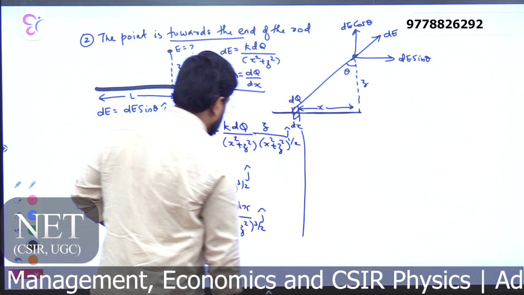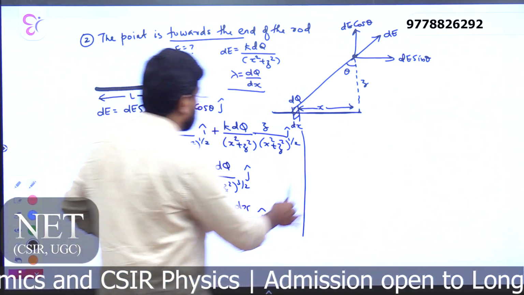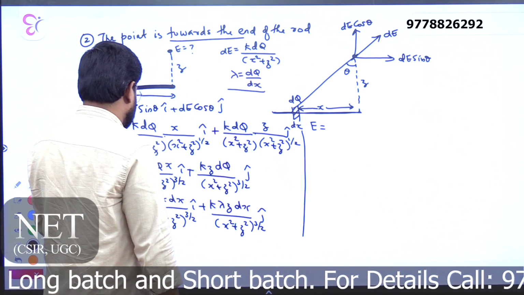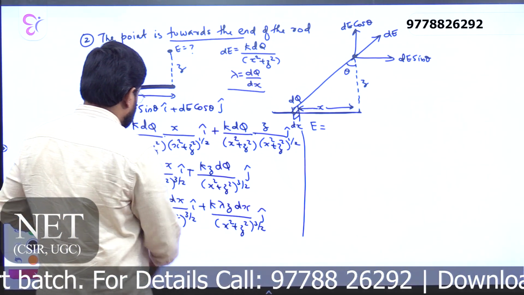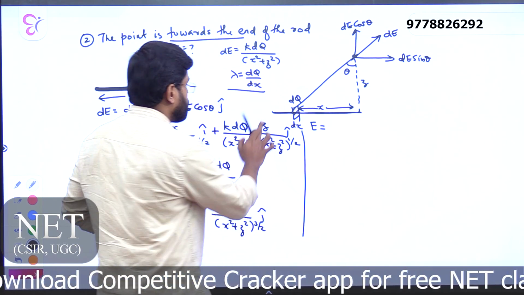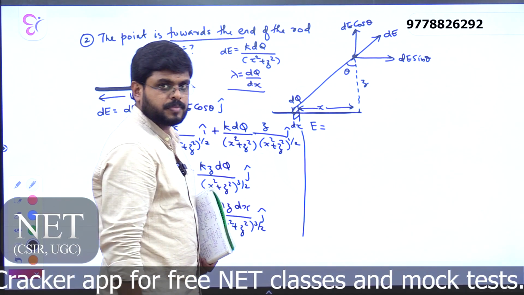Next, we have to find the total electric field. Total electric field is equal to integral dE. Integral dE from where to where? From 0 to L. Clear?